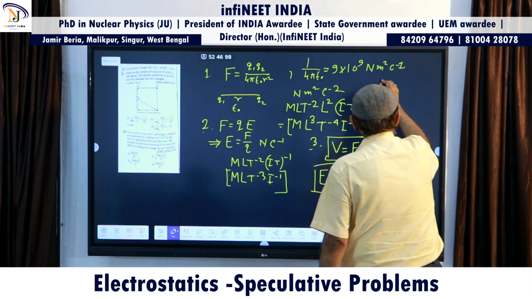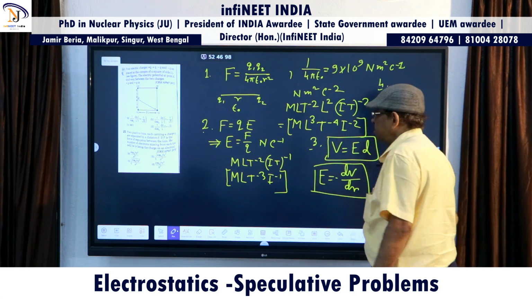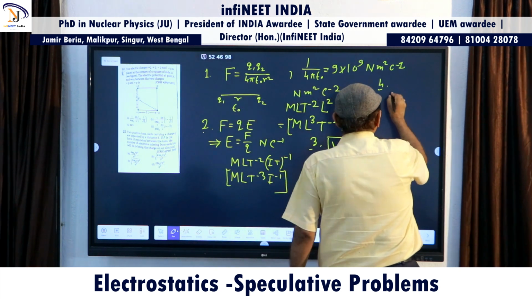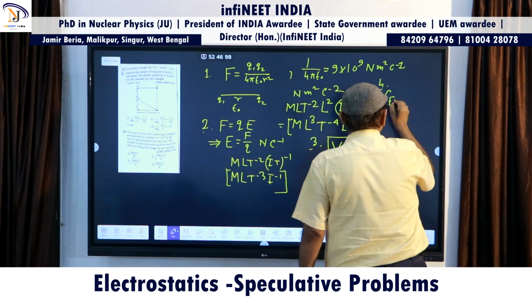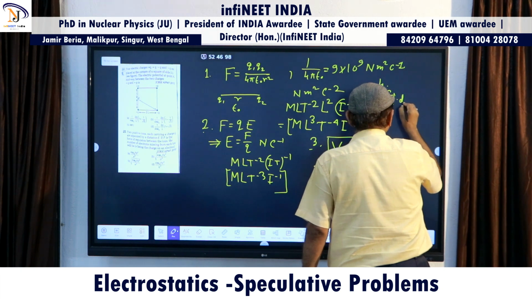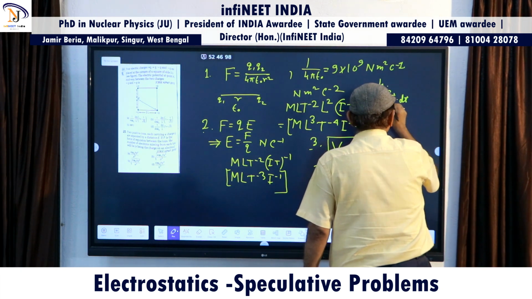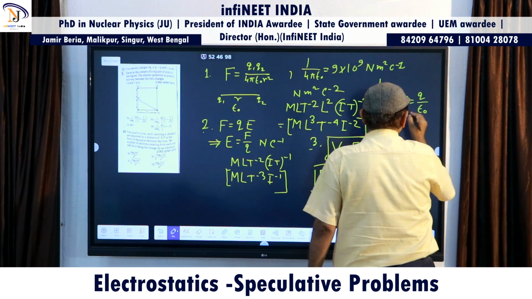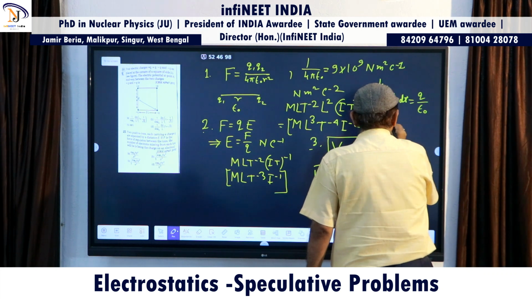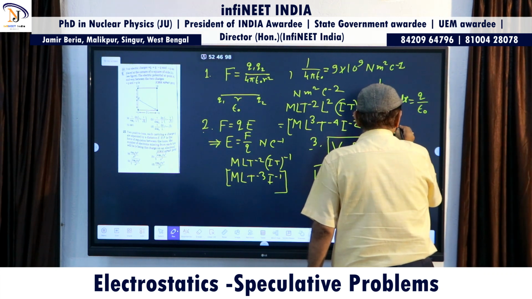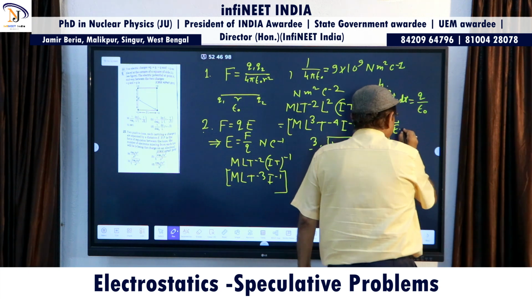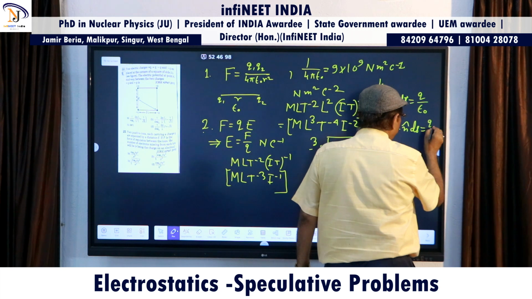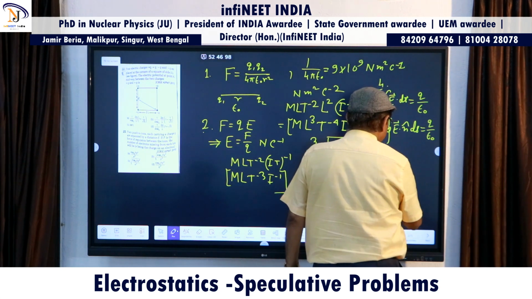And relation number 4. From Gauss's theorem, we may write like this: E dot ds equals Q by epsilon naught. E dot n ds is nothing but Q by epsilon naught.